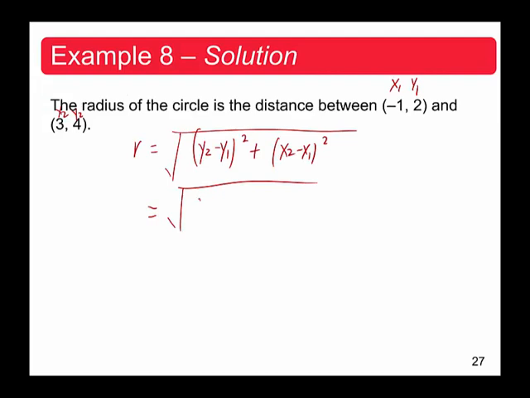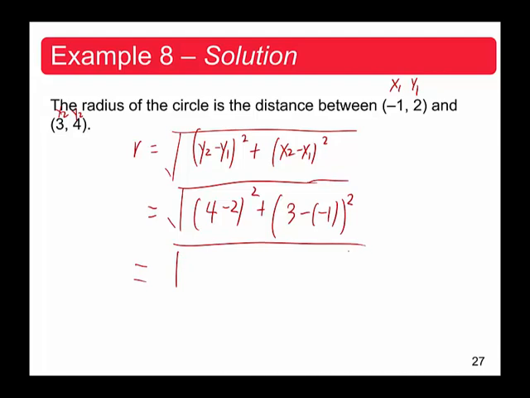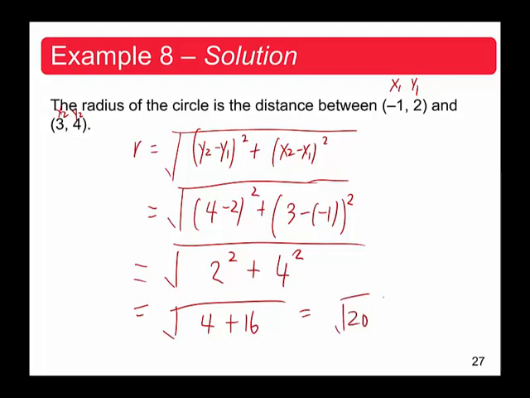So it's the square root of (4 minus 2) squared plus (3 minus -1) squared. So this turned out to be 2 squared plus 4 squared, and this is 4 plus 16. This turned out to be radical 20. Obviously we can simplify this, but it's better not to simplify at this moment. So we keep it as radical 20.